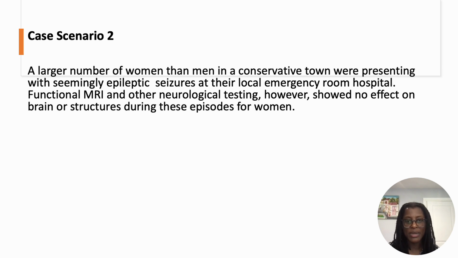A large number of women in comparison to men in a conservative town were presenting with seemingly epileptic seizures at the local emergency room hospital. Functional MRI and other neurological testing, however, show no effect on brain structures during this episode for women.